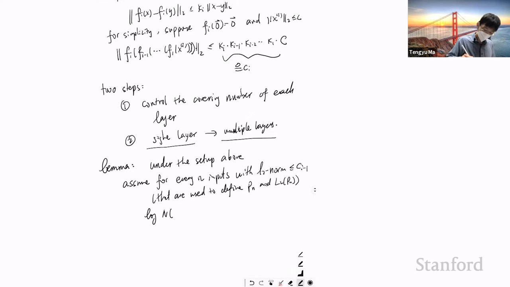So you know that the log covering number of F_i in L2(P_n) with radius epsilon_i is less than some function of the norm and the target radius. This is just an assumption, that you have a single layer bound.